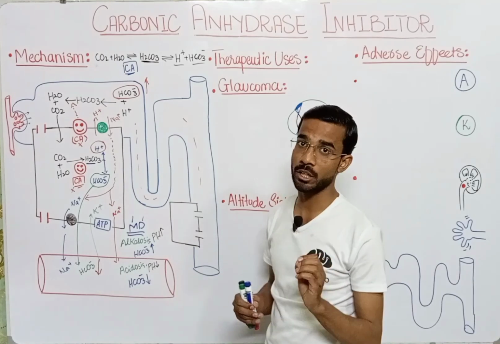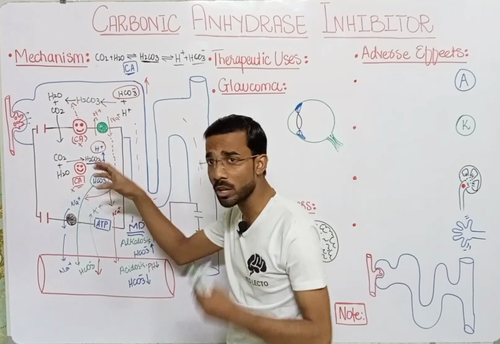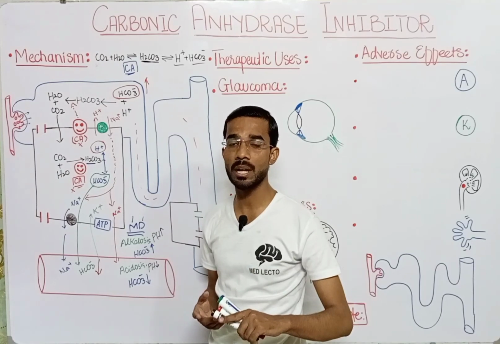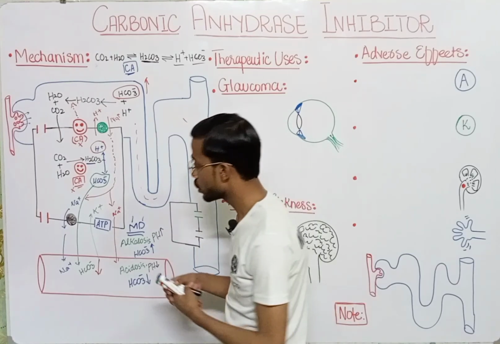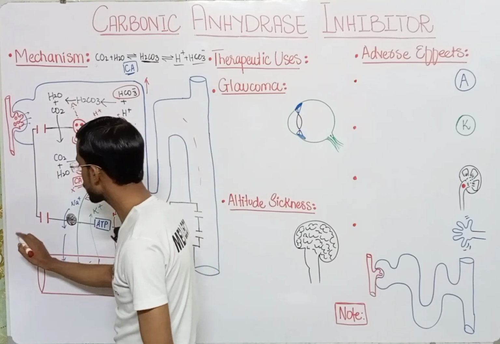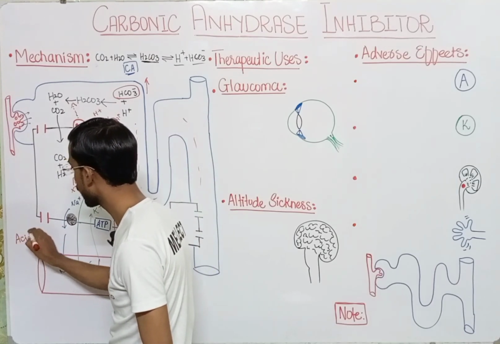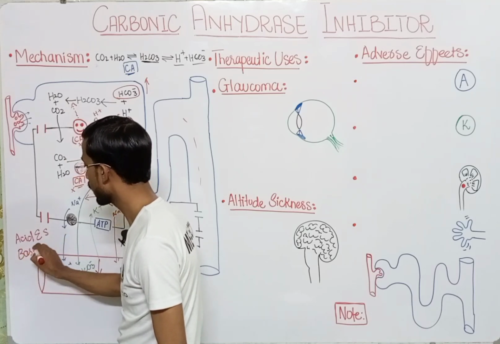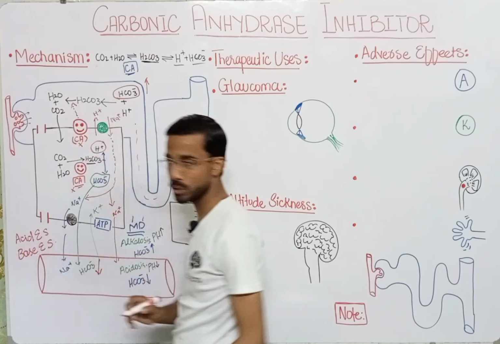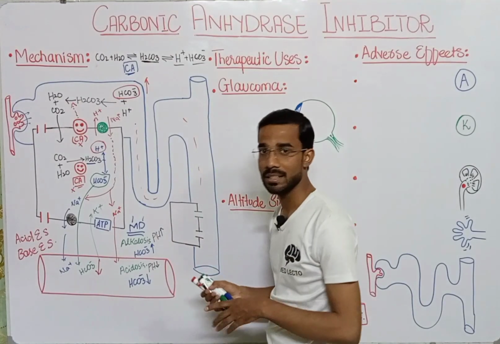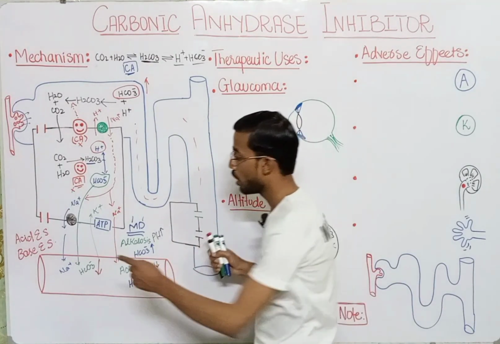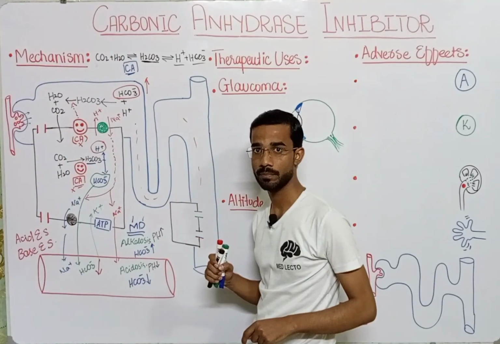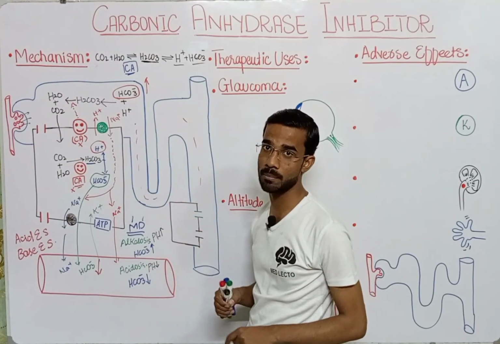Now, the important thing you have to remember, in the proximal part you will see two excretory systems, the acid excretory system and the base excretory system. Actually acid and base move from the blood and enter into the lumen. It actually occurs in the proximal part.